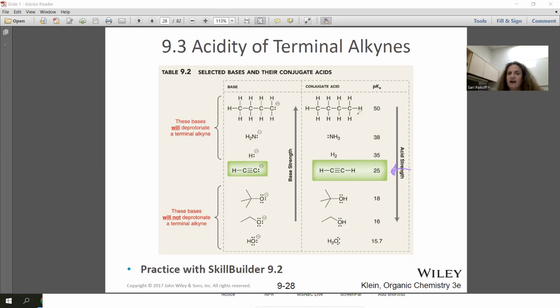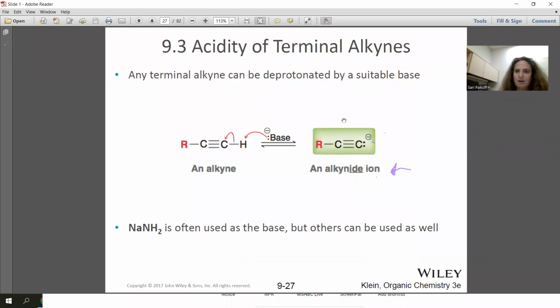So all of these that have higher pKa's, their conjugate base will be enough to deprotonate an alkyne, whereas all of these that are below, that are stronger acids when protonated, will not, because they will protonate the alkyne.